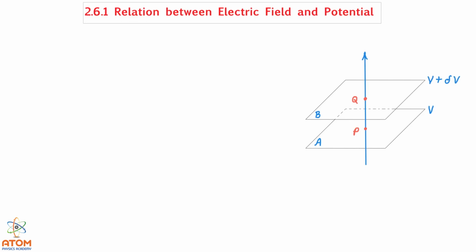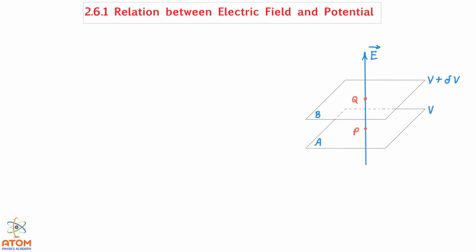It is just a change in potential. It can be positive, it can be negative. We are just putting right now that here the potential is different than the first. That's why here it is V, and here it is V plus delta V. Let me show this as the electric field.